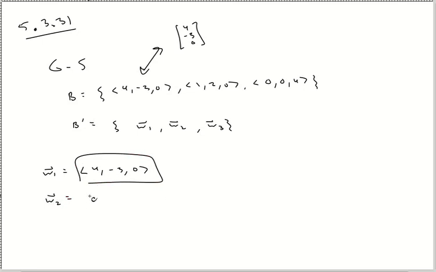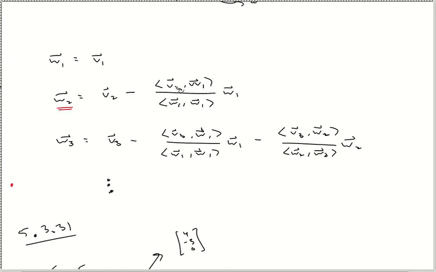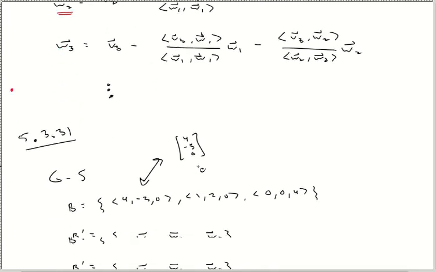The second one, I now have to take the second vector, the 1, 2, 0, and subtract from it the dot product, I'm sorry, the inner product, of this same vector with my W1, which is the original in this particular case.